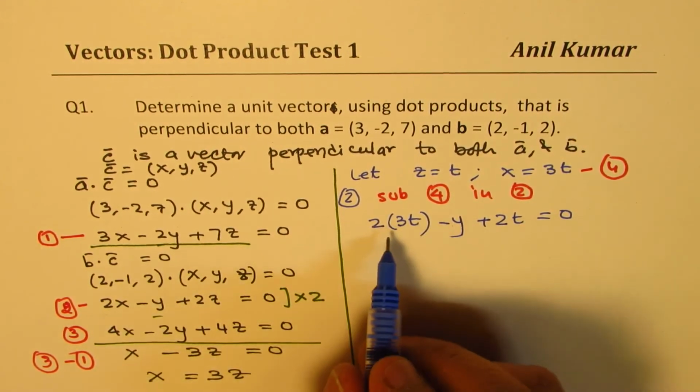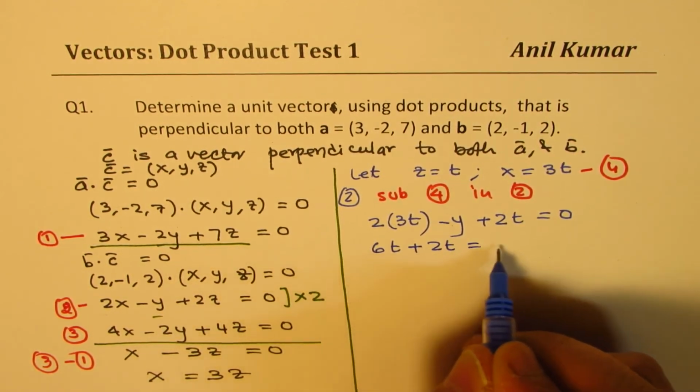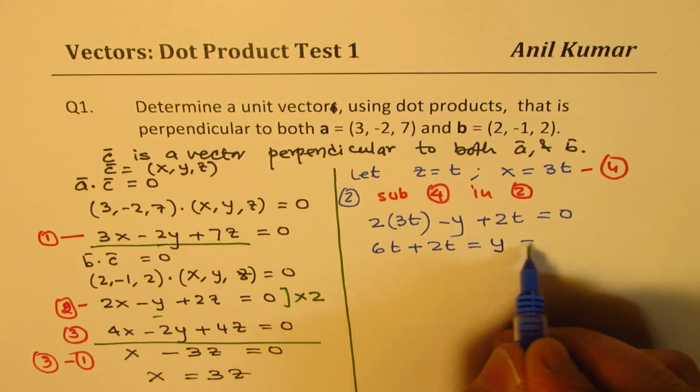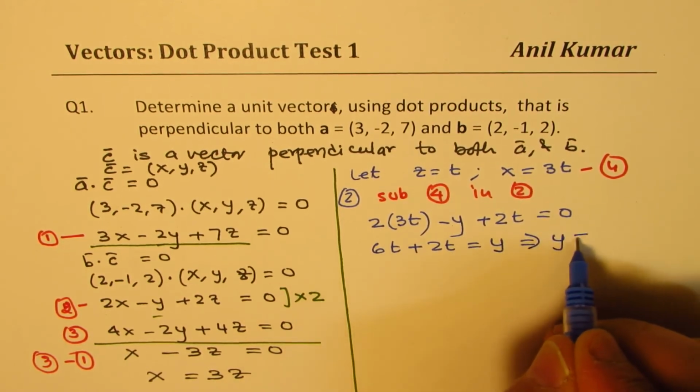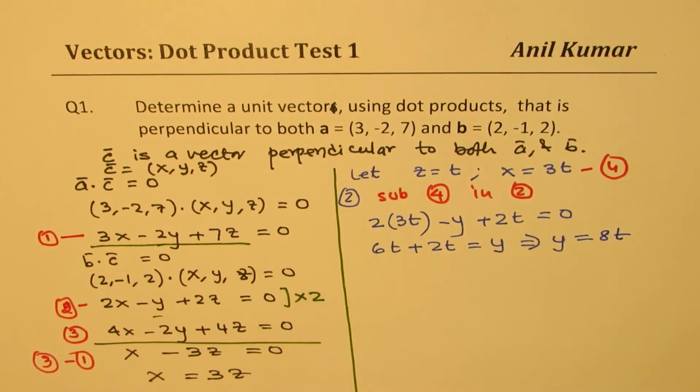So from here, we can find that 6t plus 2t is basically equal to y, and that implies y is equal to 6 plus 2, 8t. Is that clear to you? So we get the value of y.